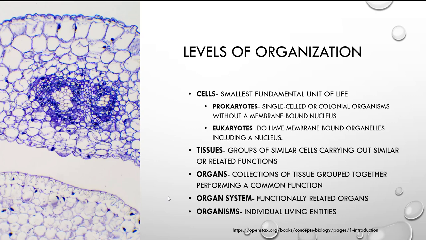But it's powered by electrical impulses, which are due to the neurons, the nervous tissue. It's surrounded by epithelial tissue. Blood is the connective tissue. So all 4 types of tissue are found in that organ, grouped together, performing a common function for the heart.